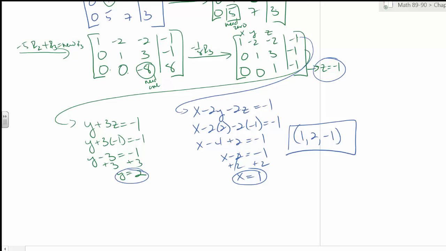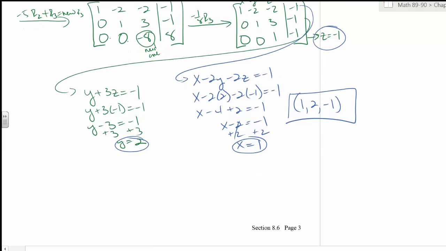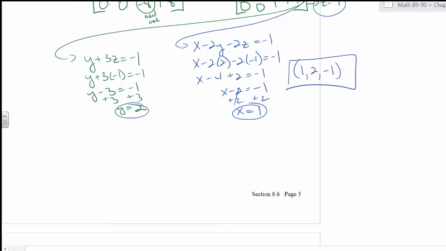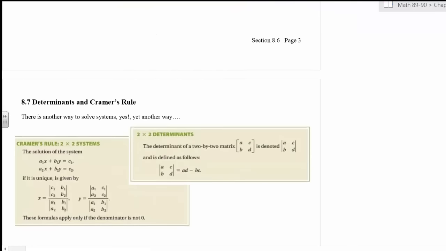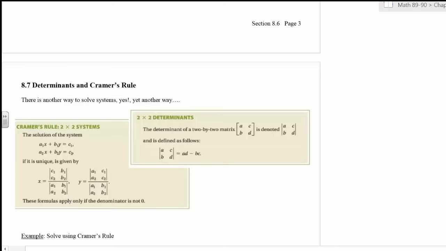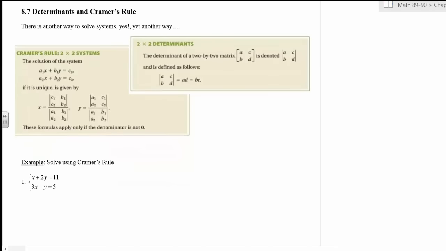Okay, the next thing I want to look at quickly is just one page worth of 8.7, and that's yet another way to solve a system called Cramer's rule. And I'm only going to show you with 2x2s because anything bigger than that just becomes really long and tedious. And like I said, I'm only doing this because if you come out of my class, I don't want you to be blindsided by anything.